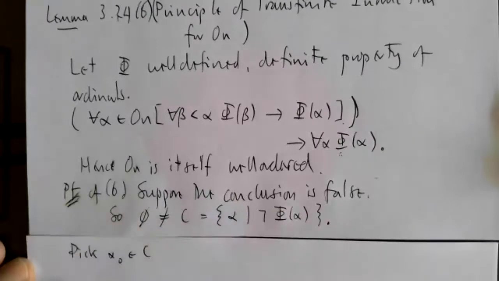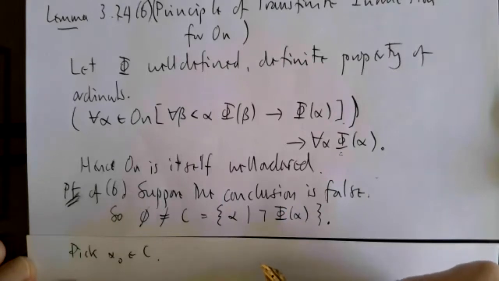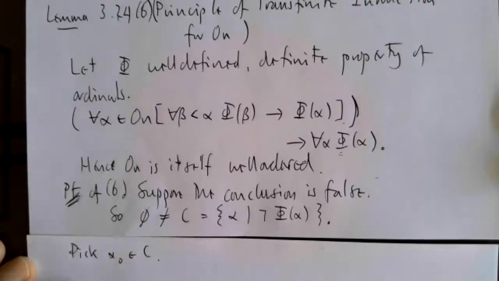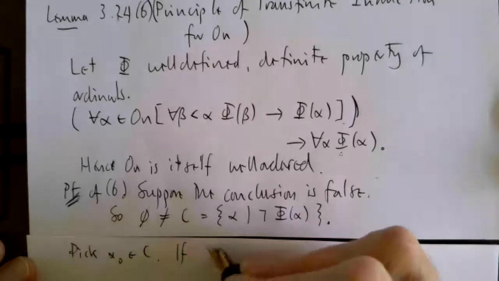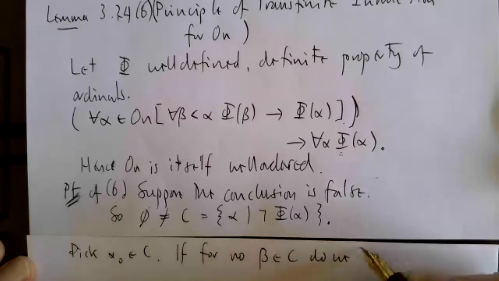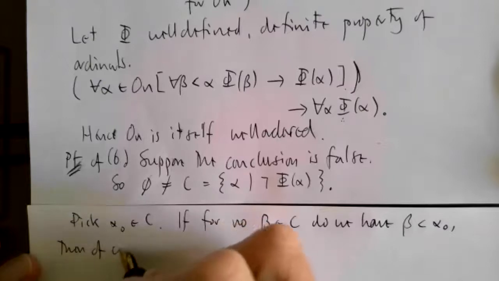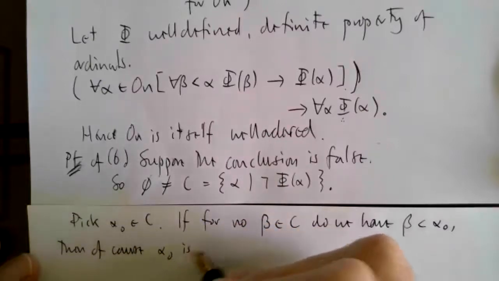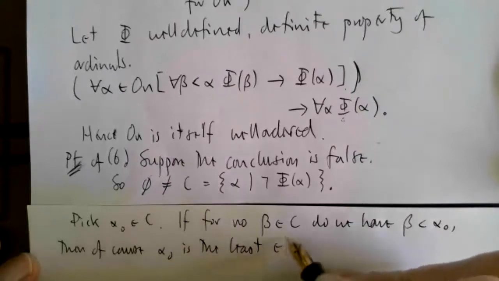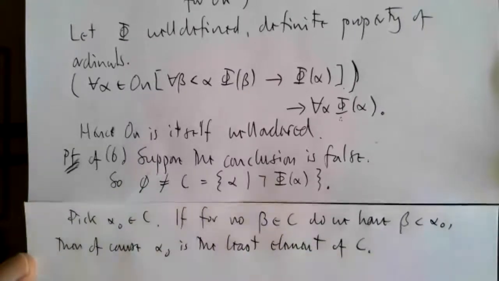Pick alpha 0 in C. Now, I might have chosen, by chance, the least element of C. If for no beta in C do we have beta less than alpha 0, then of course alpha 0 is the least element of C. Indeed, that is truly obvious.